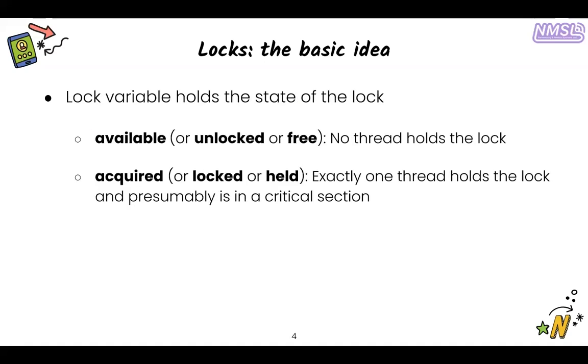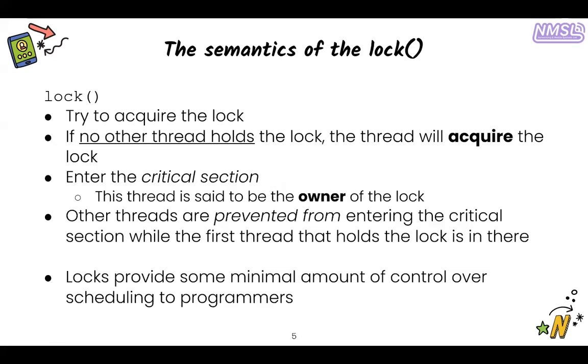So we define a lock variable, and it represents the state of the lock, right? It's either available, meaning it's free, no thread has it, so I can just lock it. Or if it's already been acquired by some other thread, and only one thread is using it, then you don't get it. The semantic here is when we call lock, we try to get the lock.